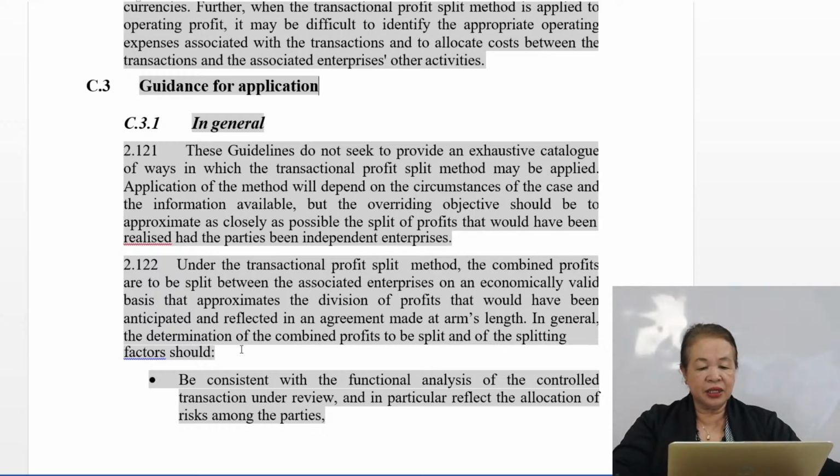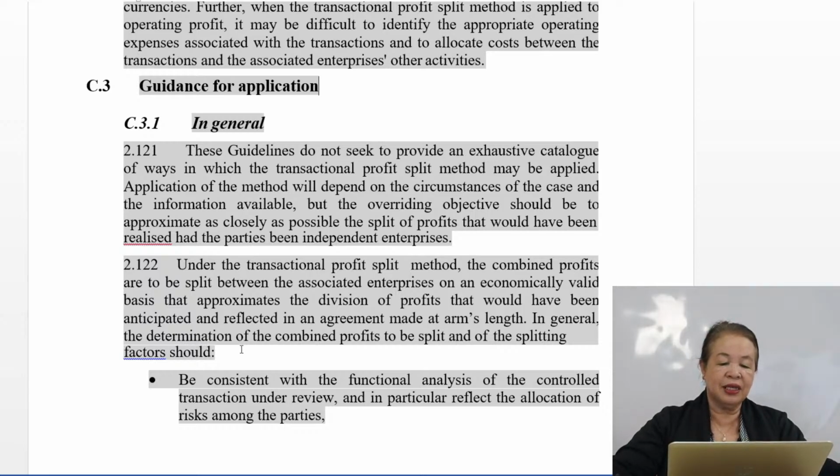Under the transactional profit split method, the combined profits are to be split between the associated enterprises on an economically valid basis that approximates the division of profits that would have been anticipated and reflected in an agreement made at arm's length.